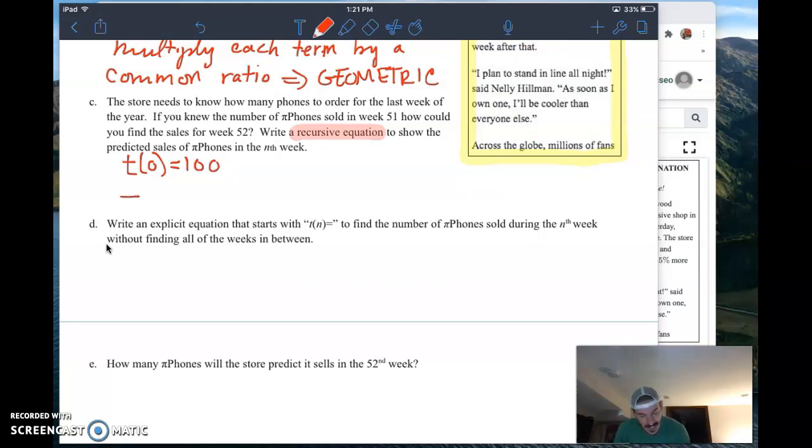To get the next term, the n plus 1 term, I take the term that comes right before that, the nth term, t of n, and I multiply that by that 1.15, that growth factor, that multiplier. But the issue is I'm going to have to do a lot of work on my calculator to go out 52 weeks. So the recursive rule in this case is super clunky. I don't want to mess around with that.